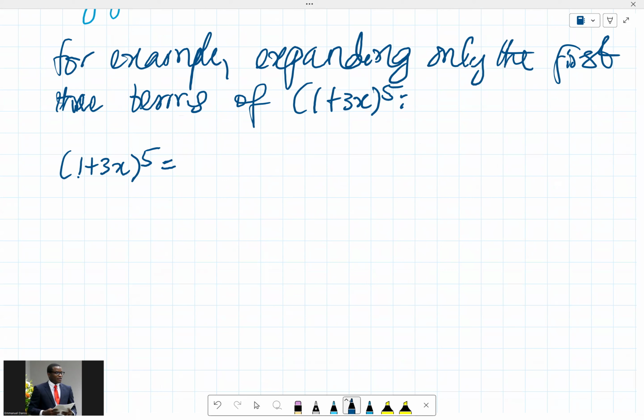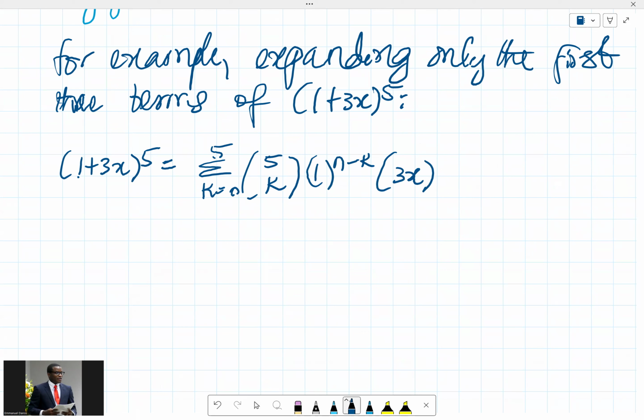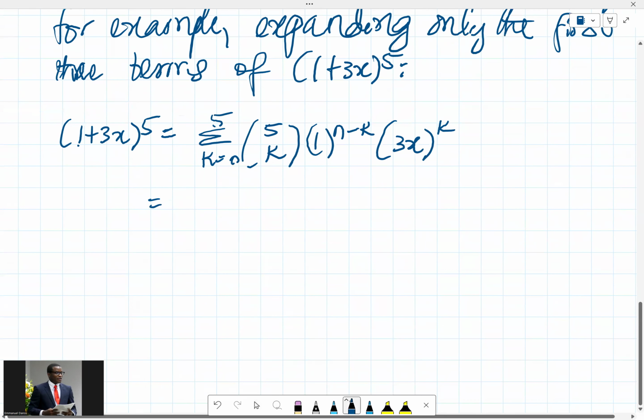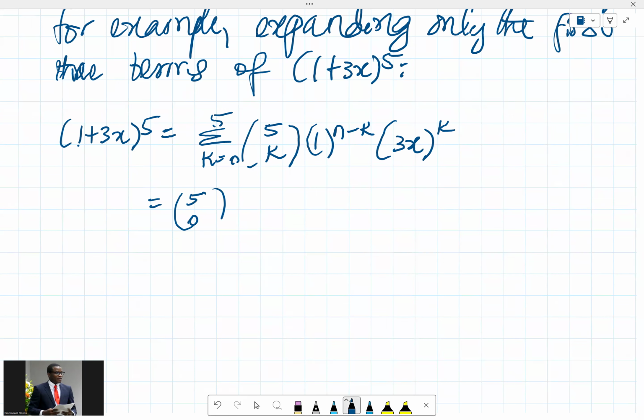So in this case, if we apply the formula, we have summation from k equals 0 to 5, then 5 combination k, then 1 raised to power n minus k, then 3x raised to power k. But we need the first three terms, and that's so beautiful. So we just need 5 combination 0.